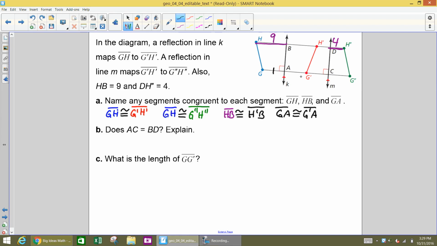GA, and then segment G prime A is right there. Then HB and segment H prime B.